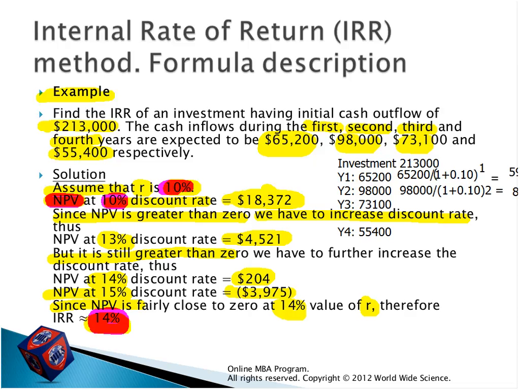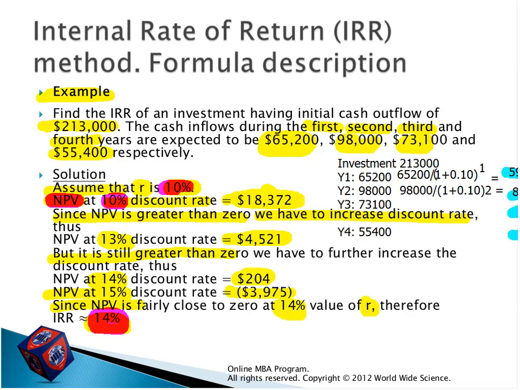So after that, we have defined all the present values for each of the 4 years. Of the 4 years, we have to summarize our present values. Our present values for year 3 and for year 4, summarize them, and then deduct them from our investment.